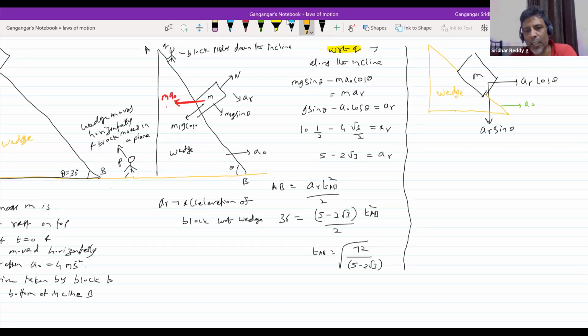So what we are trying to do: we know the acceleration of the block with respect to wedge, and with respect to ground we'll find out the acceleration of the block. How much will the acceleration of the block with respect to ground be? That we are trying to find out here. So what is AR cos theta? It is the acceleration of the block with respect to wedge along x-axis.